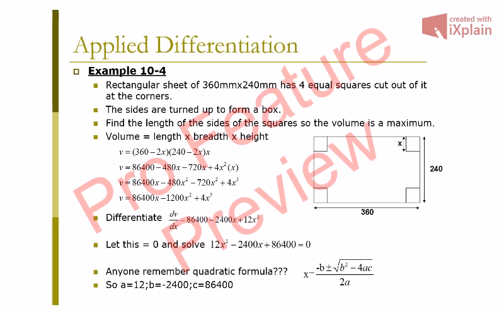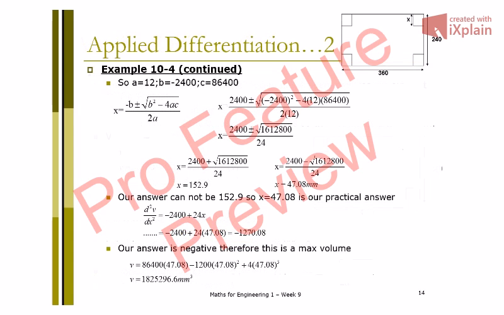Now remember, we're differentiating this function here. So the 86,400 disappears. Minus 2400x becomes minus 2400. Plus 12x squared becomes plus 24x. So there's our answer to our second derivative.